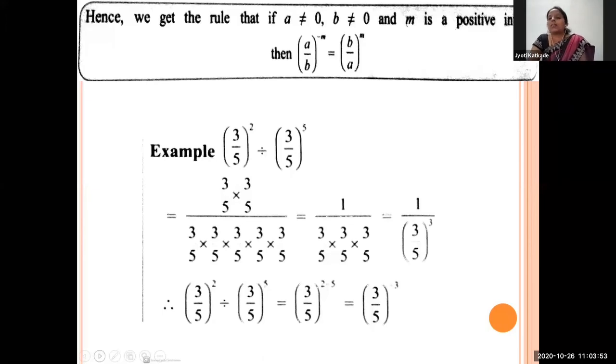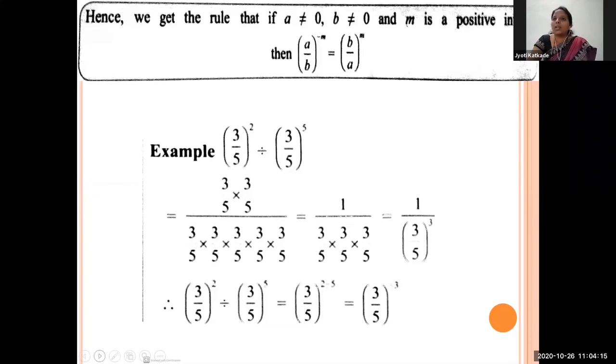Like this, we take 3 upon 5 bracket raised to 2 divided by 3 upon 5 bracket raised to 5, and 2 minus 5. We get 3 upon 5 bracket raised to minus 3. But when we take multiplication, take the multiplication of 3 upon 5 into 3 upon 5, 2 times at the numerator.